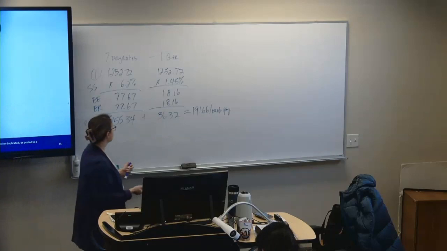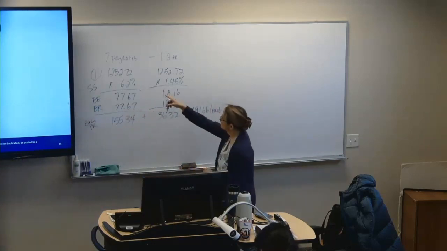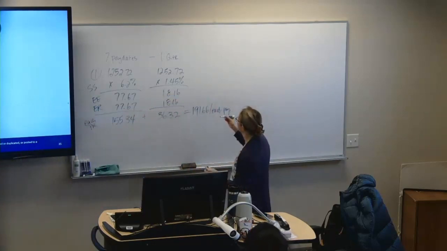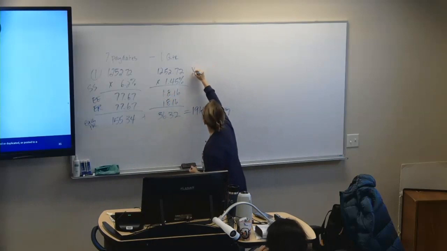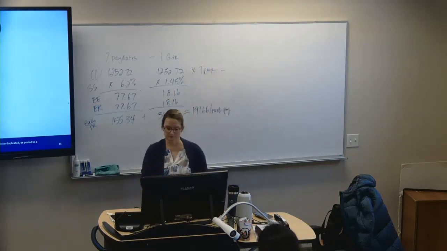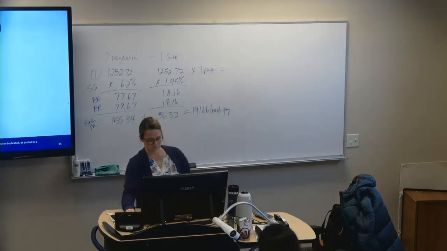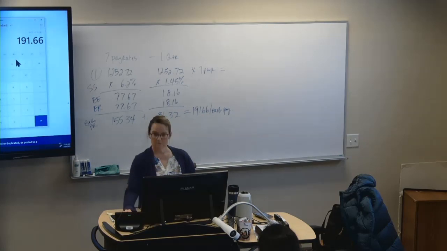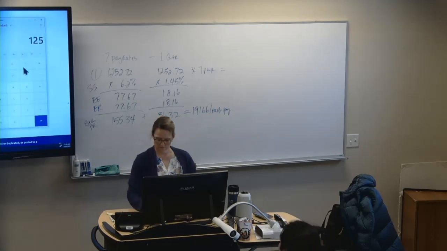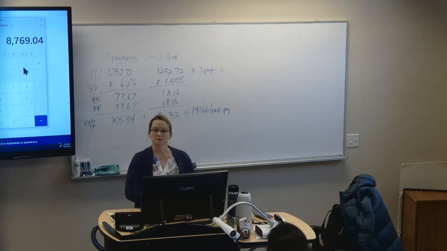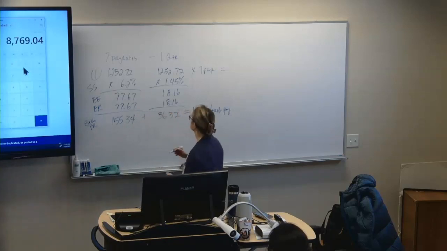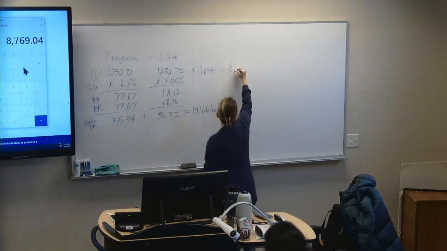Same thing for Medicare. So, okay, if we have 1252.72 as our total wages, we would multiply that by 7 pays, right? 1252.72 times 7 is 8769.04.